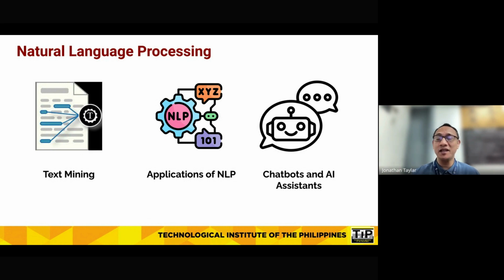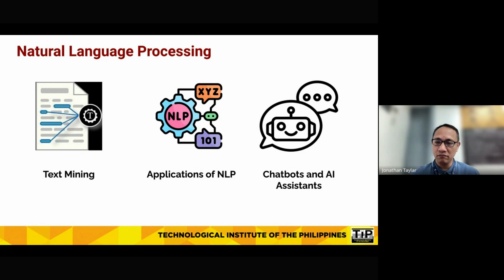And then, of course, the sentiment analysis that I mentioned a while ago. It's used for analyzing sentiments in social media posts, customer reviews, and other forms of user-generated content to understand public opinion and sentiment trends. Now, in NLP, there are also some applications that are already in place.